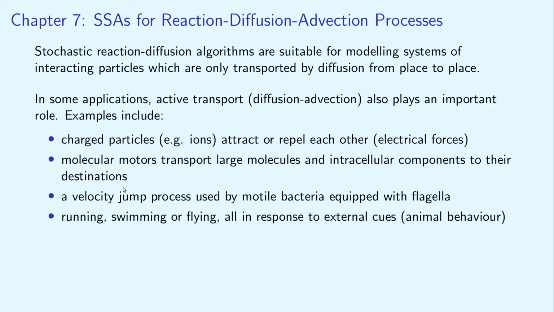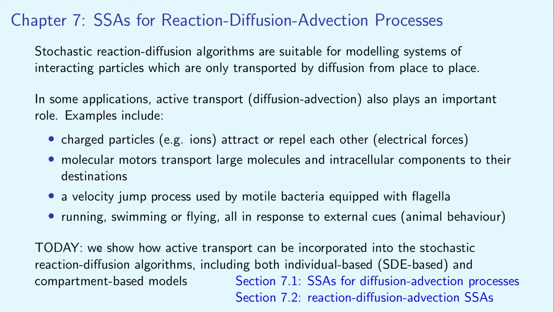In the next lecture, we will discuss behavior of bacteria, whose trajectories are biased random walks. So it is not pure diffusion; they follow chemical cues to find nutrients or avoid toxins. In section 7.4, we will also discuss collective animal behavior, where animals can run, swim, or fly, all in response to external cues to find food or avoid predators.